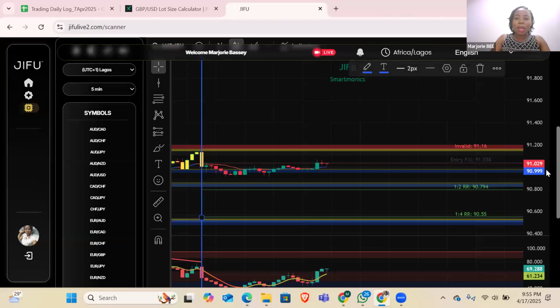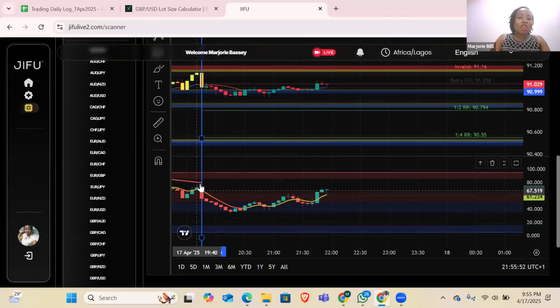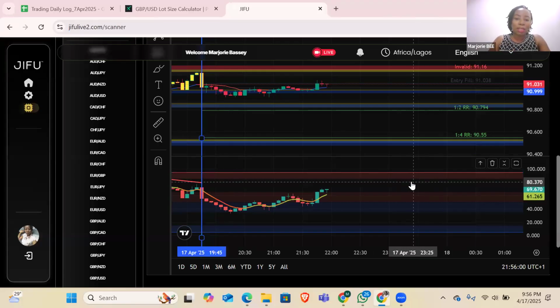Where that yellow or black candle is, it corresponds to the candle in this lower zone, and that candle below, under that yellow candle, is touching the red zone.